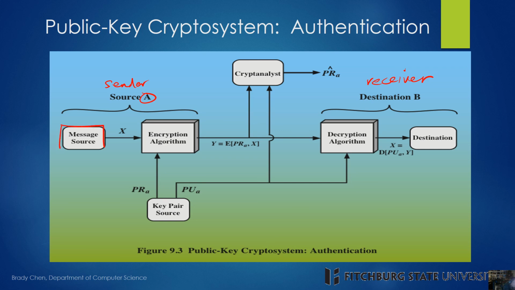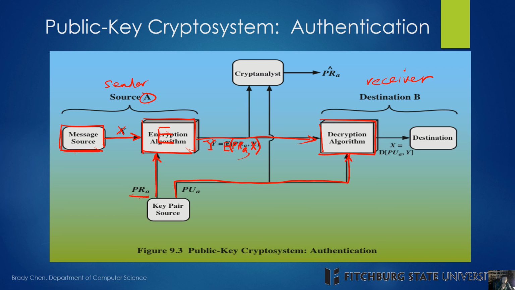If the sender wants to send a message to the receiver, the sender can use the encryption algorithm and mix the plain text X with the private key of the sender, in this case A, PRA, the private key of the sender A, and then generate the ciphertext Y. So you can see that's the encryption algorithm, the private key of the sender, PRA, and the plain text. Now, when the receiver receives the encrypted message Y, the receiver can use the public key of the sender.